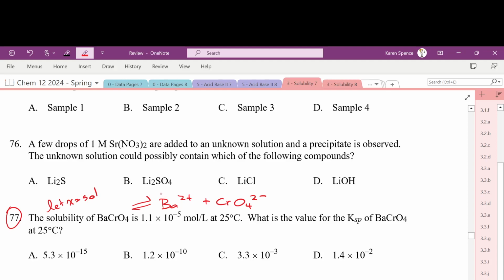Which means this is X and this is X. And so now KSP is equal to X squared, which is 1.1 times 10 to the minus 5 squared. That's going to be this one. There we go.